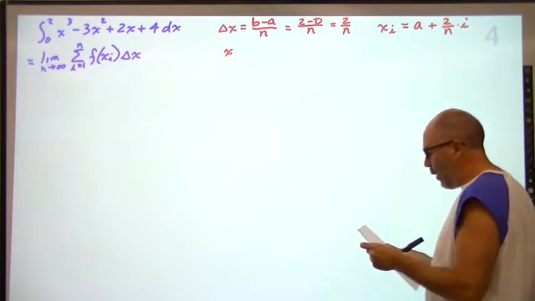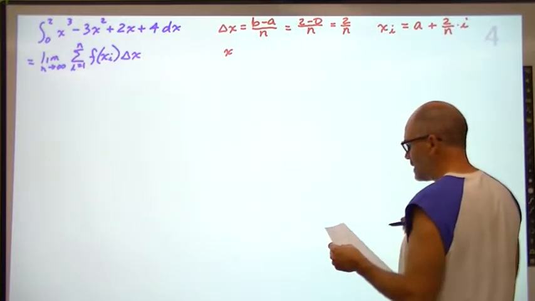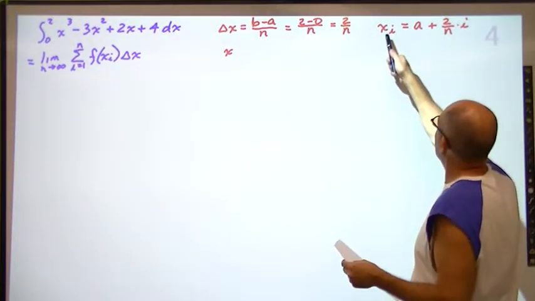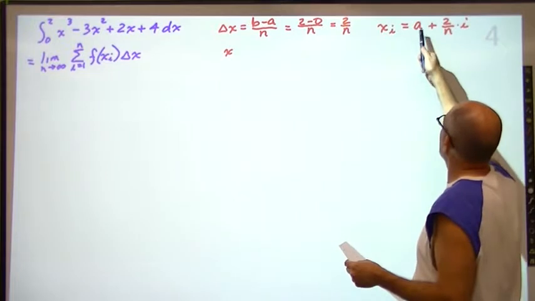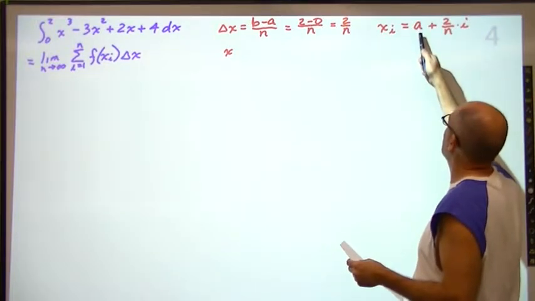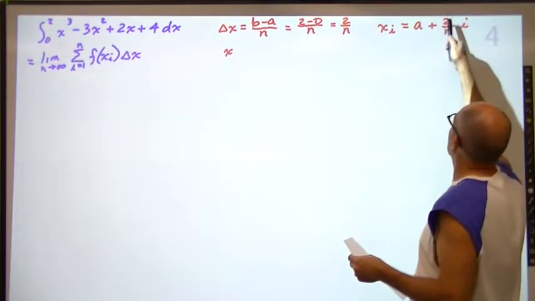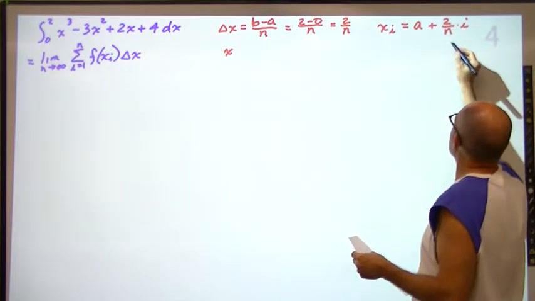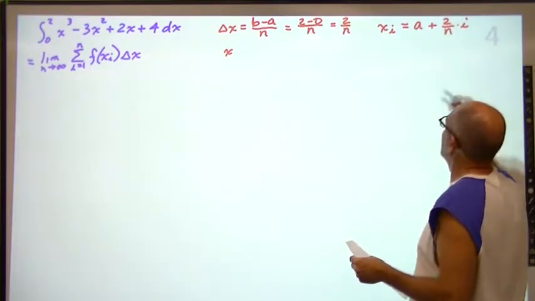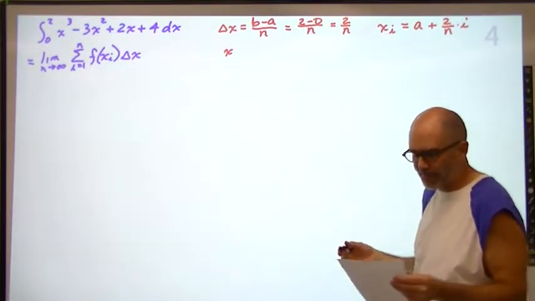Okay, that's always going to be the case, that any given x value that I want is going to be the left endpoint of the interval plus the width of each rectangle times the counting number, i.